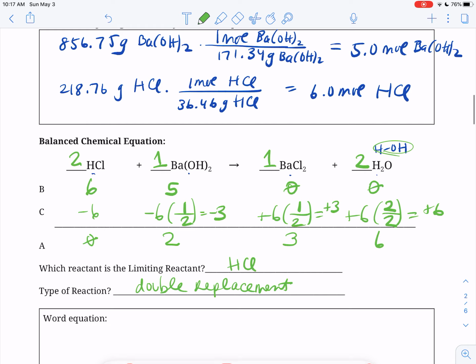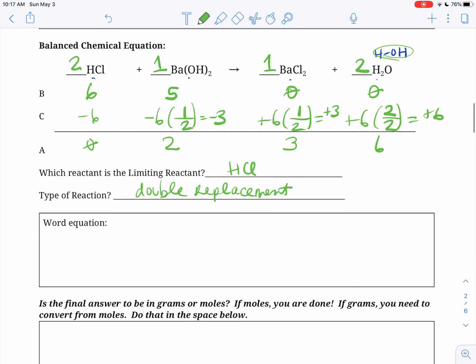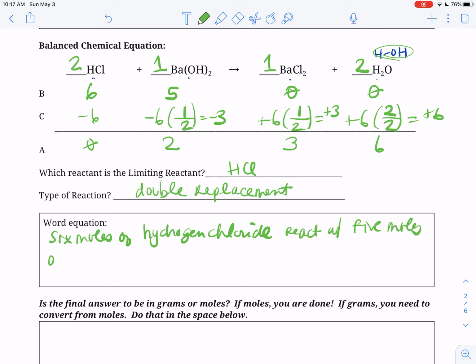Okay. All right, now my word equation, I'm going to say 6 moles of hydrogen chloride. If you want to say hydrochloric acid, that's fine too. React with 5 moles of barium hydroxide.